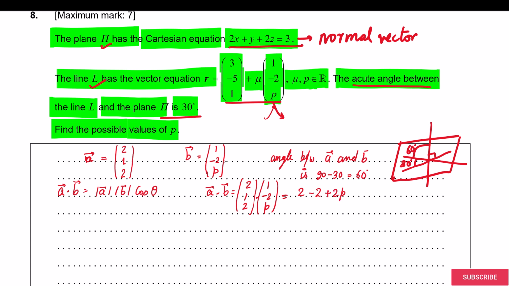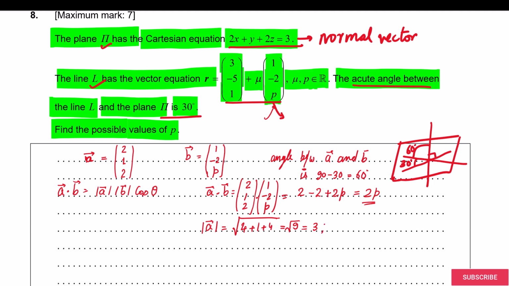So finally we are left with only 2p as the dot product. And the magnitude of vector a is the square root of 2 squared plus 1 squared plus 2 squared, that is 4 plus 1 plus 4, which is 9, and the square root of 9 is 3.